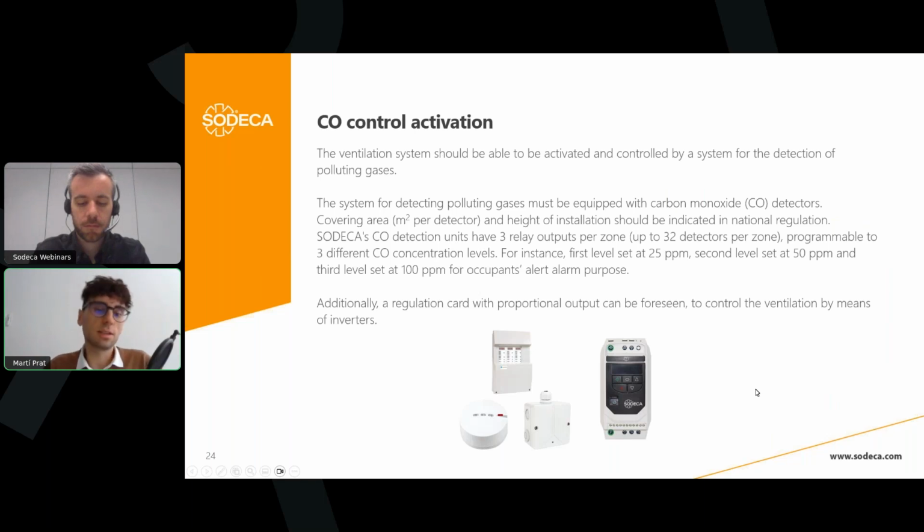So in case the CO detectors detect that the levels reach 25 ppm, then the system activates at a speed to reduce these CO levels.